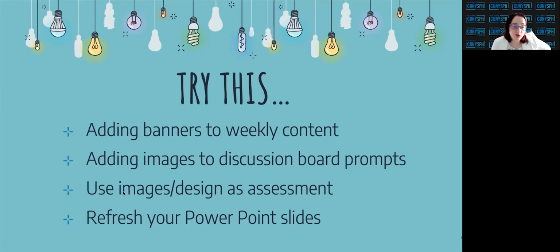You can try using images or design as assessment, meaning you might want to ask your students to choose a GIF or a picture to answer your discussion board prompt, as well as however many characters of text you want them to put in. Or you might ask them to design a picture using Canva or another free tool. You do not have to be limited to just text as your assessment. And another thing you can do is refresh your PowerPoint slides.